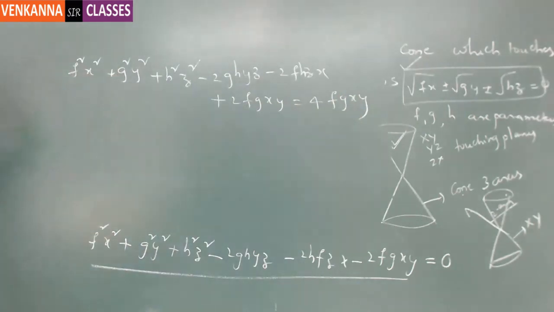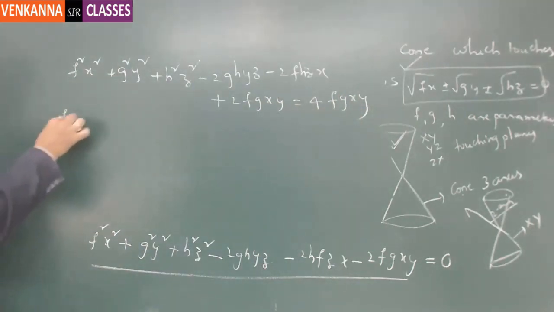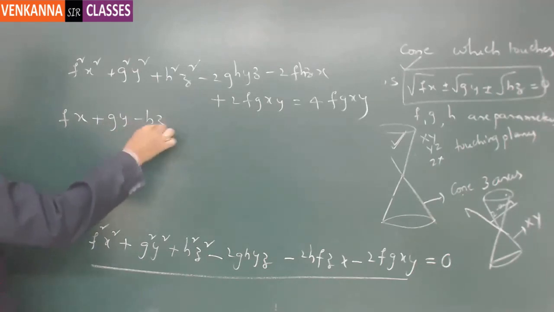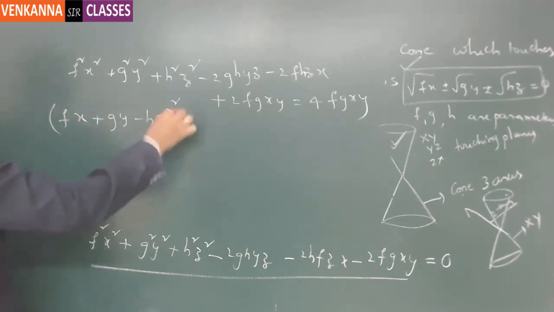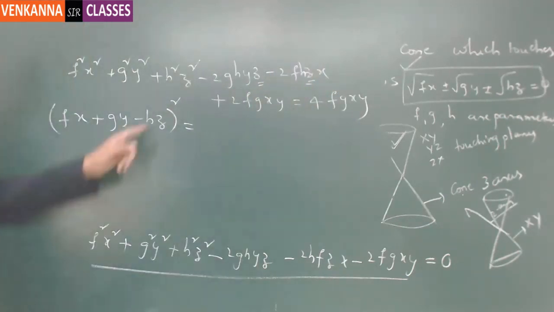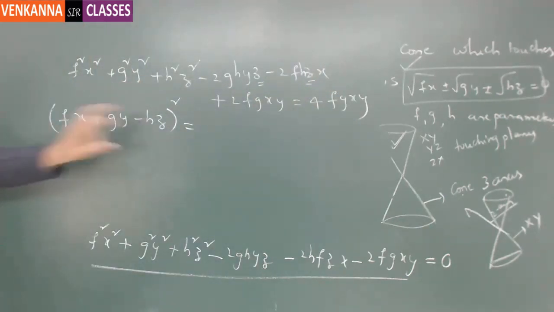Now on the left side you can write it as fx, then minus, because whenever there is z, you have a minus symbol. That's why I put minus here.